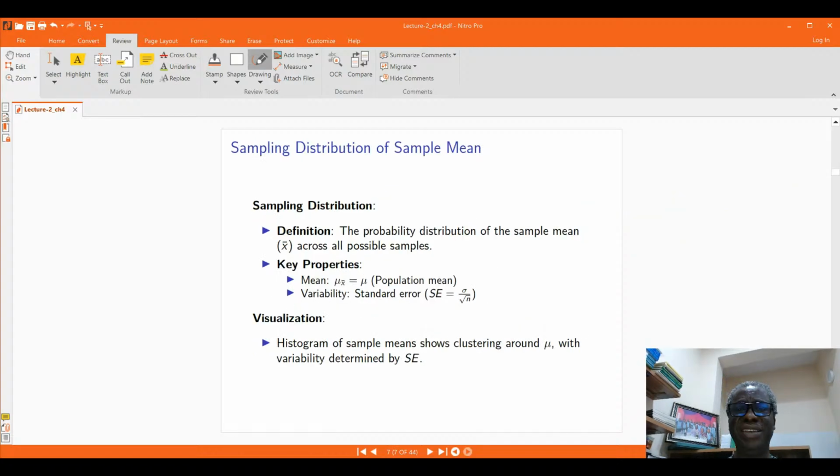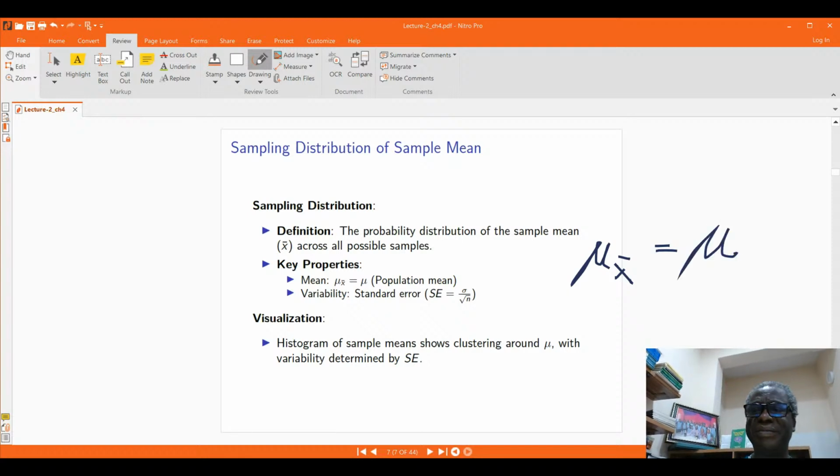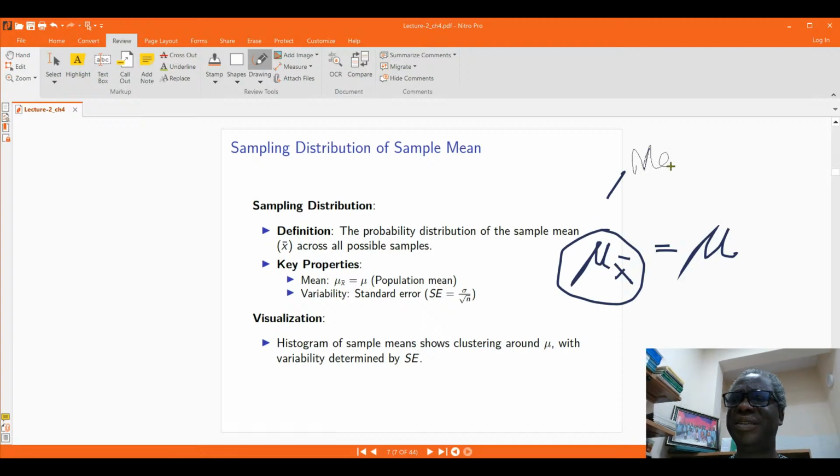That property is the first one that is stated here. So the mean of the sample means is equal to the population mean. You can refer to this simple symbol as the mean of sample means.